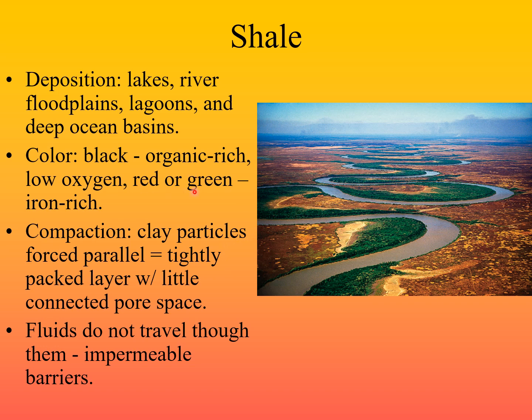Then we have red or green. Red tends to mean that we've got oxidizing iron, right? So that sediment is iron rich. Sometimes it can be green, also iron rich, and that's more, again, of a bacterial reaction to iron rich minerals. But it could also be traces of other metals, right?